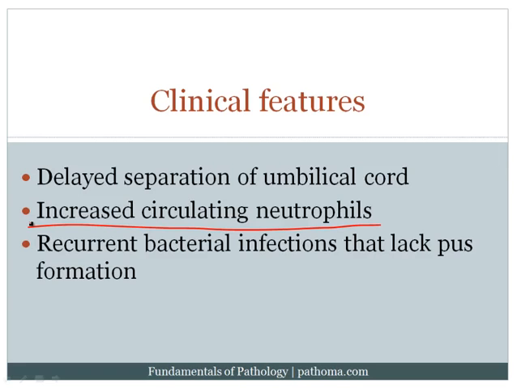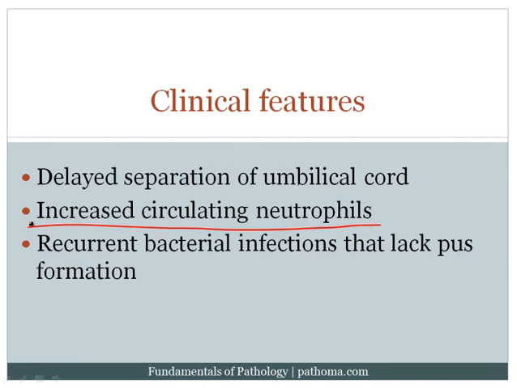And the way by which the marginated pool is able to hang onto the blood vessel in the lung is using adhesion. So if adhesion is defective, then the marginated pool in the lung will no longer be able to hang on to the blood vessel and wait for battle. Instead, they will be released into the blood, and that's going to give us an increased circulating neutrophil count. And so that's why these patients have increased circulating neutrophils.